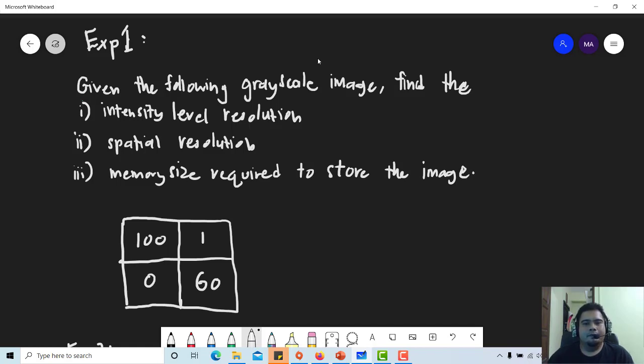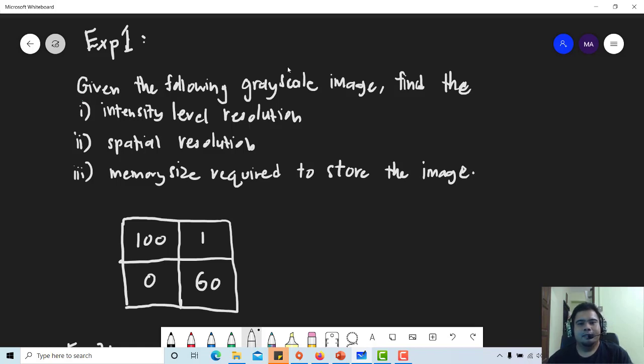But if the question does not mention the intensity resolution, how many bits per pixel, then you should assume they are using the default intensity level resolution for a grayscale image. What is the default intensity level resolution?